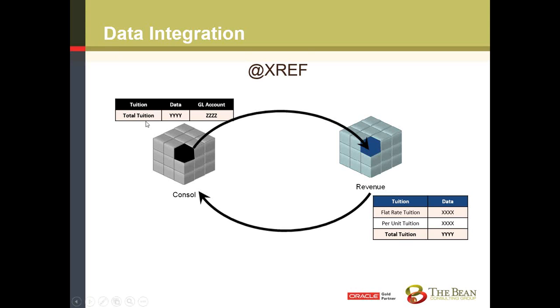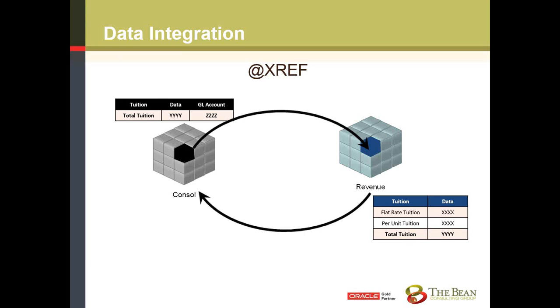So in this case, total tuition is what we want in our consolidated cube, and in order to get that updated, we make a call on total tuition in that cube, which goes out to our revenue cube, which has detail about total tuition, and pulls just that bottom total tuition value back into our consolidated cube.